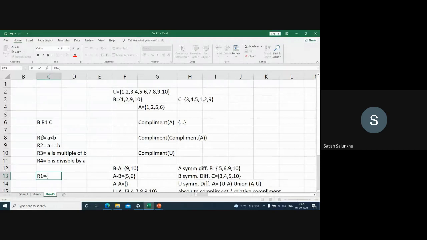So now I want to know what is R1. Come on, everyone, tell me now. You can work it out in your notebook. This is in general what I have written.